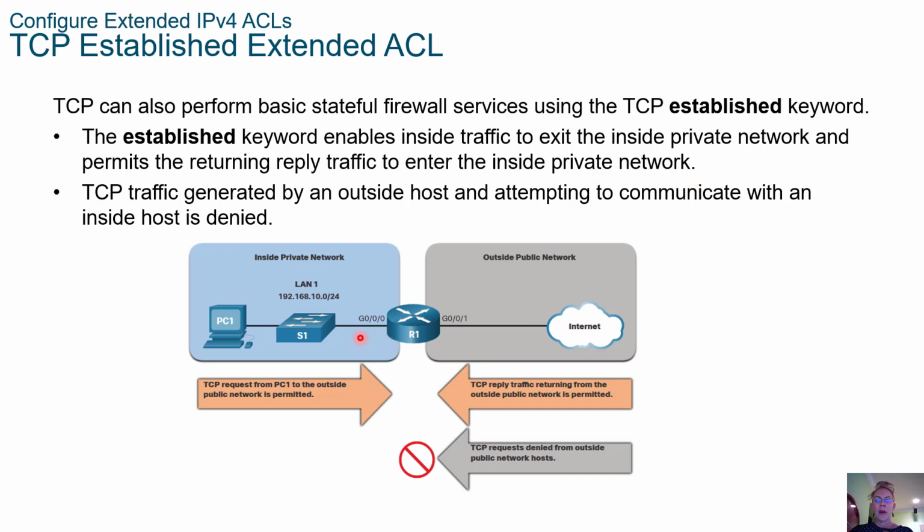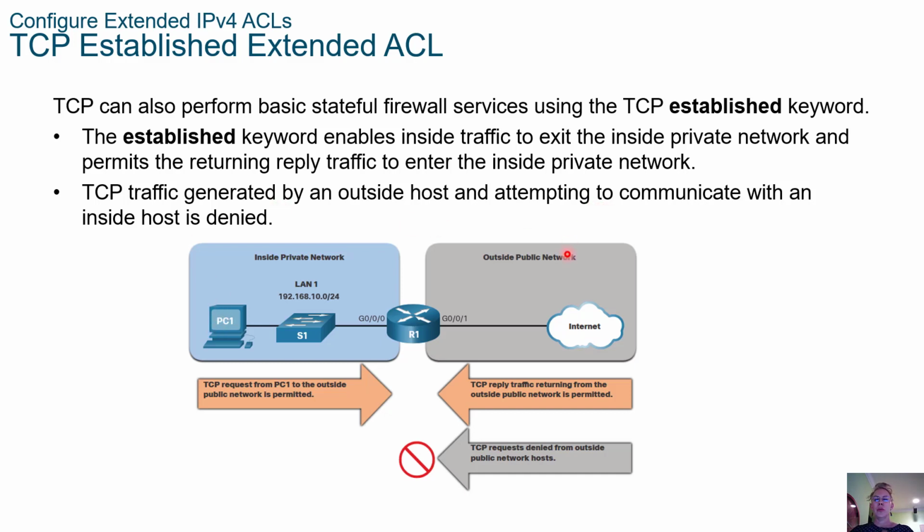So in this situation, if I put an access control list filter on here, and I send a request out onto the public network, well, the internet or the public network is going to want to send an answer back. But because of the implicit deny, it may not be able to do that.